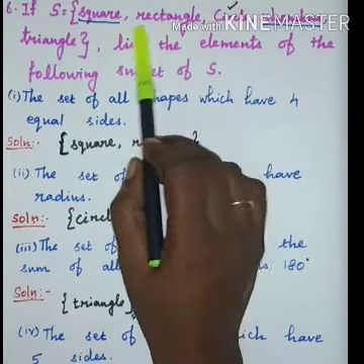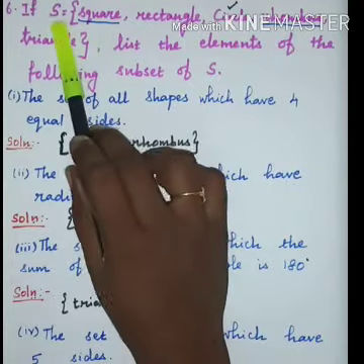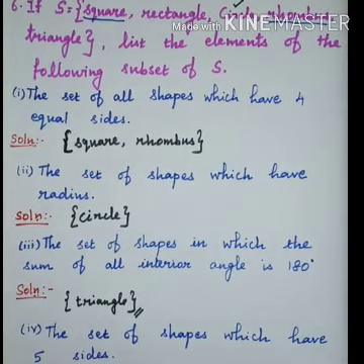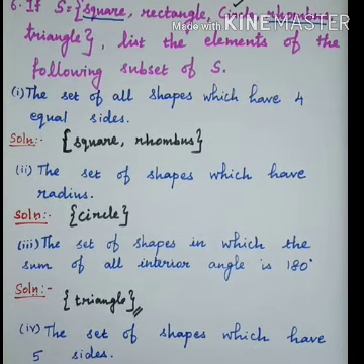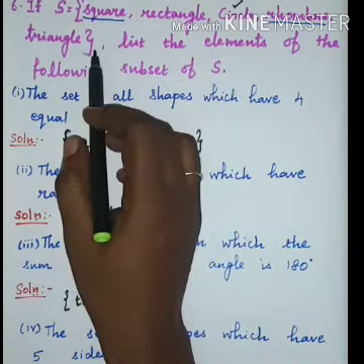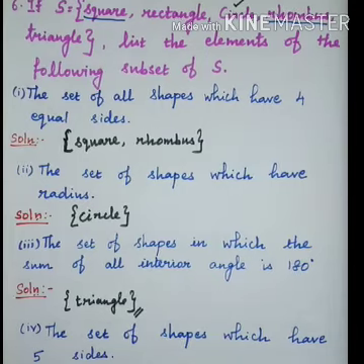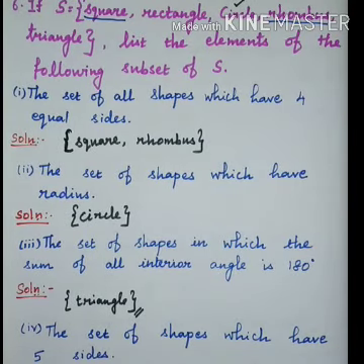There is no shape which has 5 sides in the set S. Okay. So the answer is the empty set.